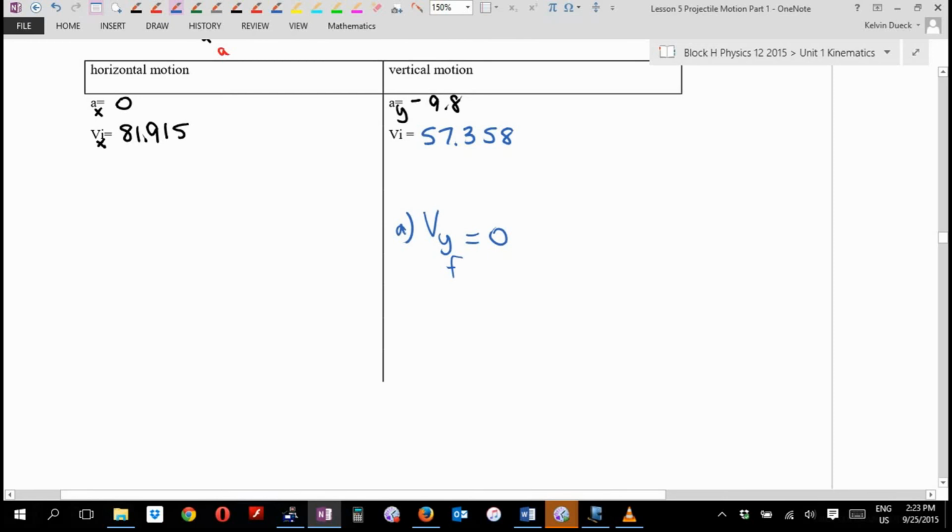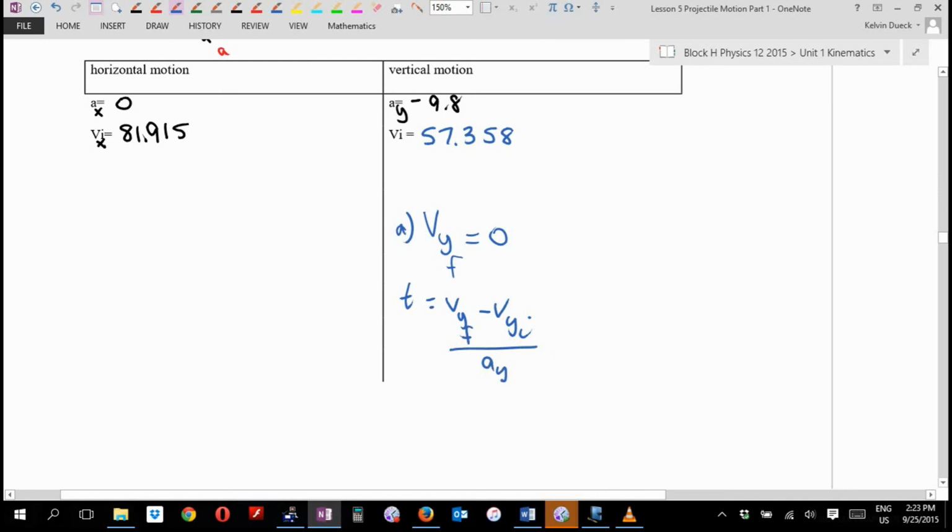Why is that so helpful? I think I can find T. I'm looking for an equation that has A, V initial, V final, and T in it. I think it's the first one, is it not? In fact, this one I'm so good at, I think we can get the T by itself right now. What would I write? T equals Vy final minus Vy initial over Ay.